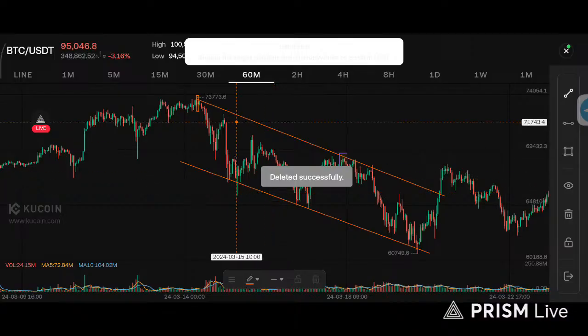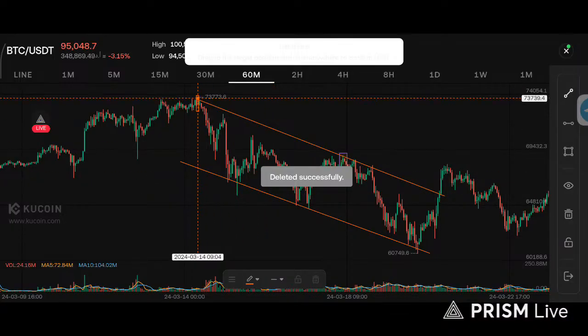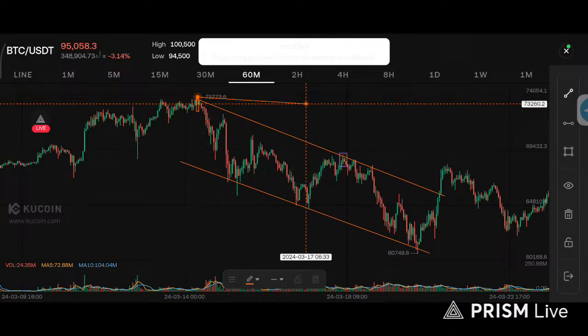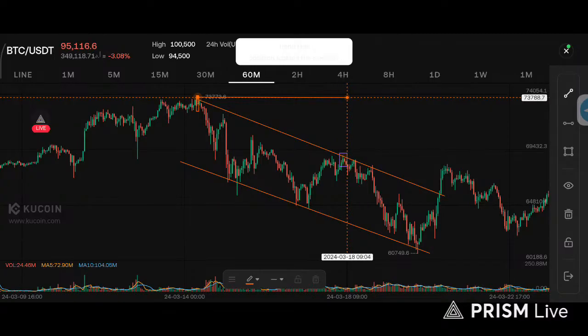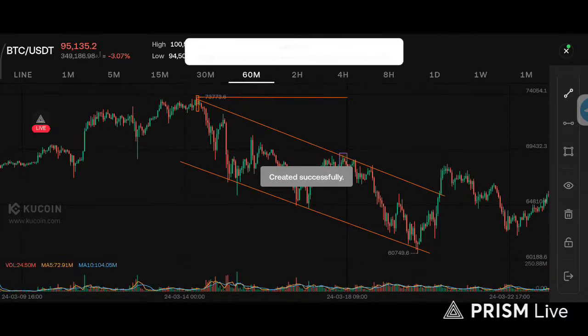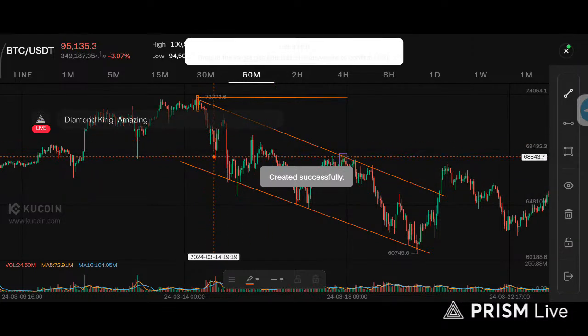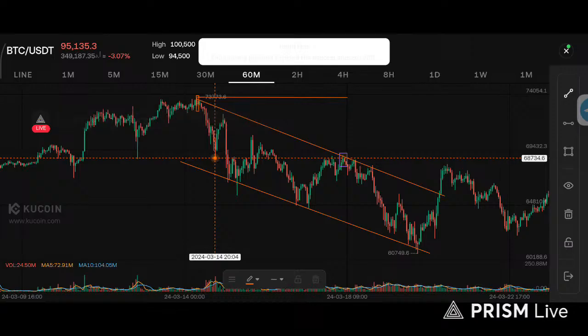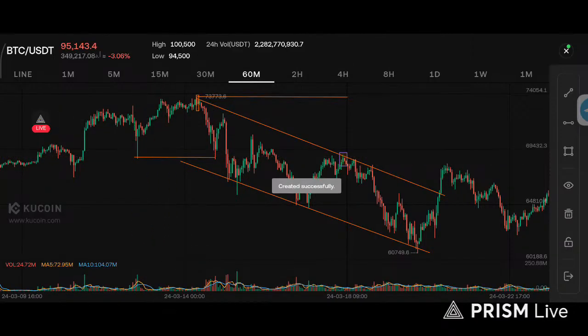This was our lower high, and this is our lower low.